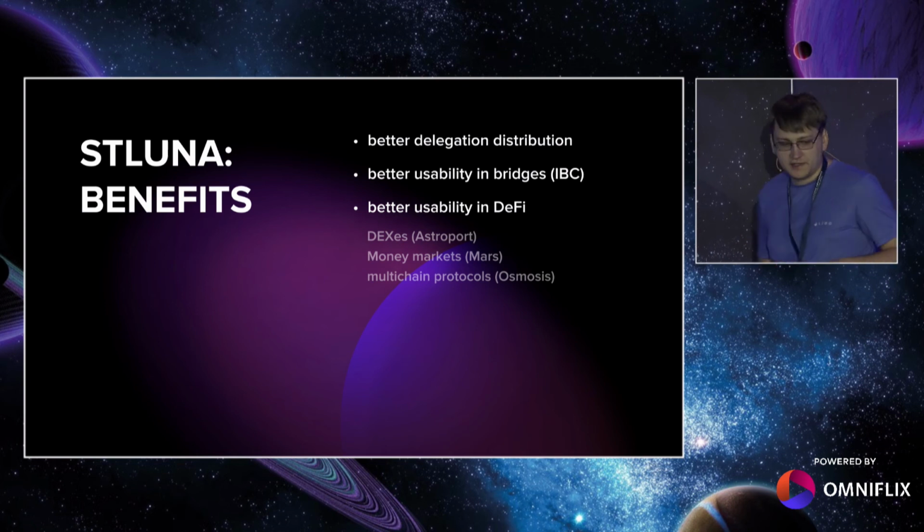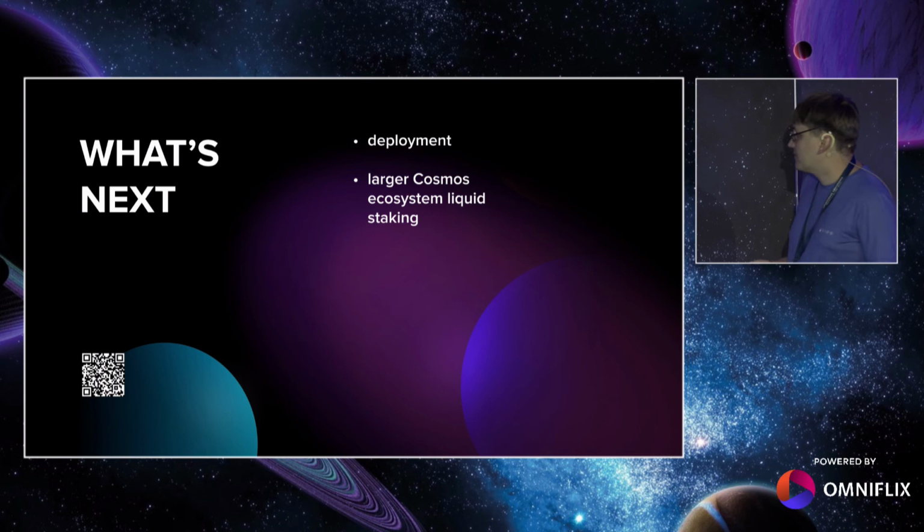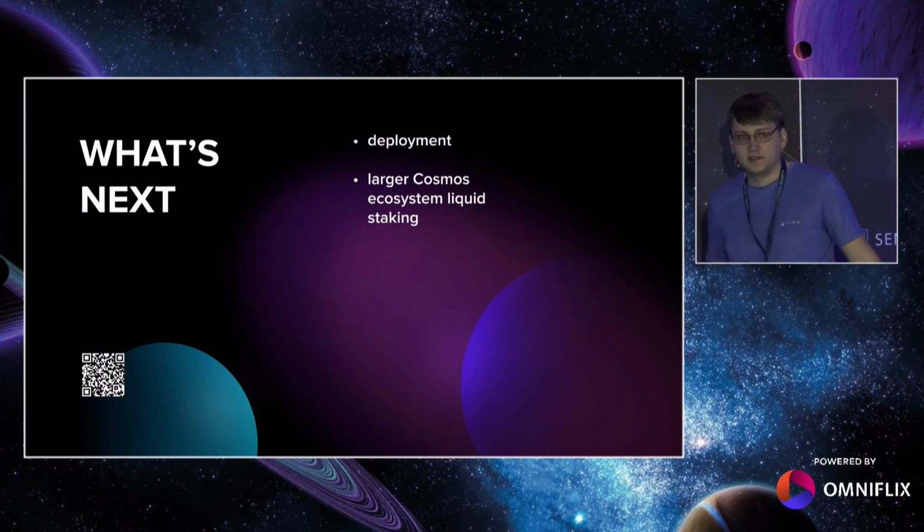So I think that upgrade can push liquid staking on the Terra network to a new level and serve as a blueprint for how liquid staking on Cosmos should be, which is harder than it sounds.